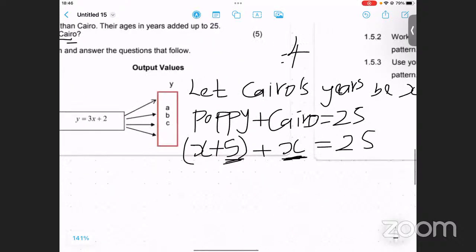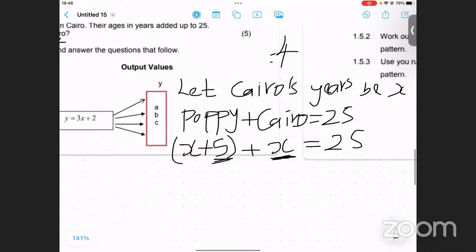Do you guys get it so far? Yes, ma'am. Okay, I'll take it that you get it. The next thing we want to do is remove the brackets. I put it in brackets to show you that this is Bobby's age, how old Bobby is.